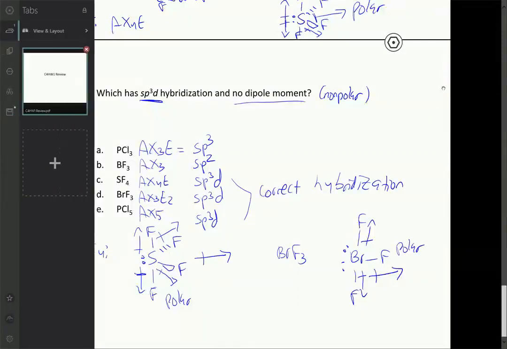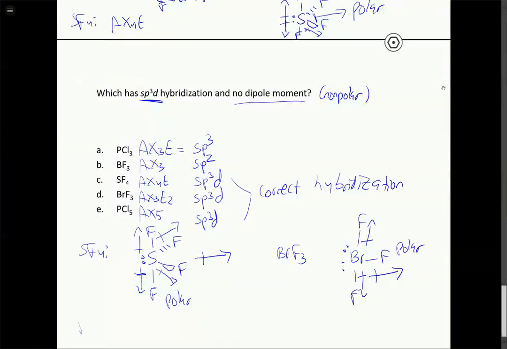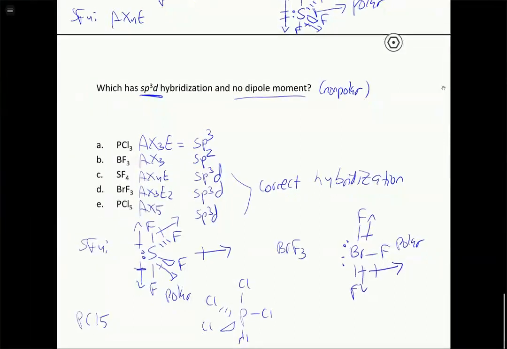And then as we saw above, PCl5, which is the same structure as PF5, it's AX5, no lone pairs. And so anytime you have no lone pairs, the bond dipoles cancel out. And this is going to be nonpolar.